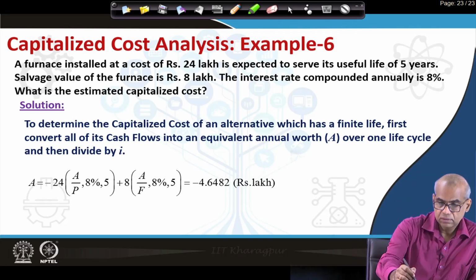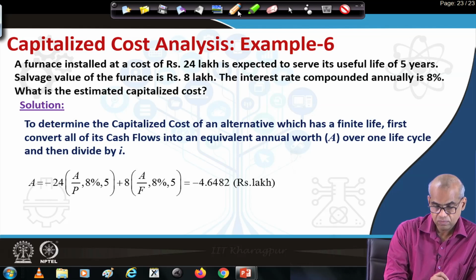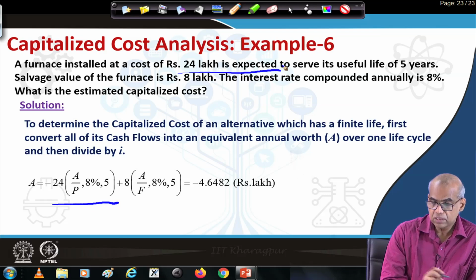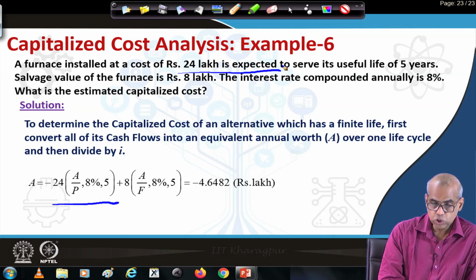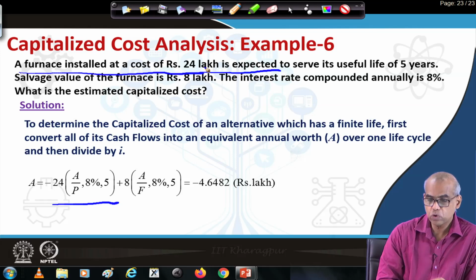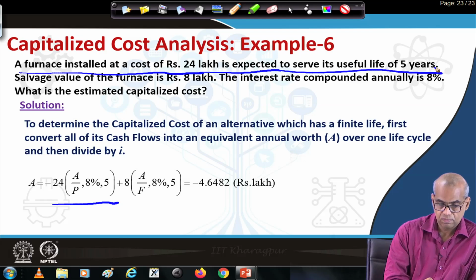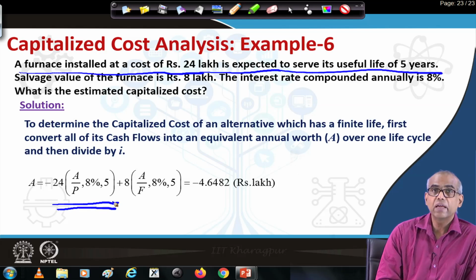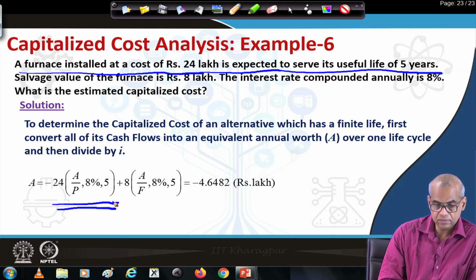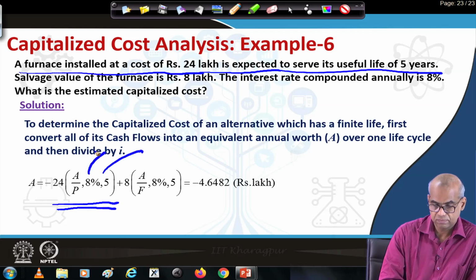So, just do that. A can be computed as follows. The furnace installed cost is rupees 24 lakhs and it is expected to serve its useful life of 5 years. So, the A value can be computed from the A by P factor, 5 years, 8% rate of interest.